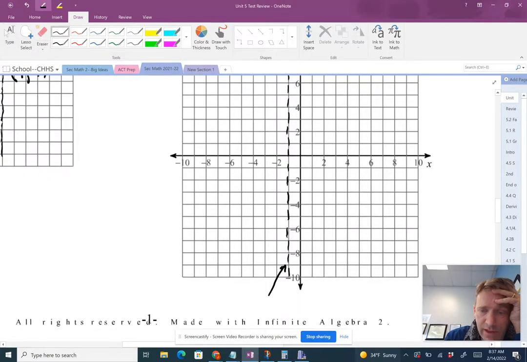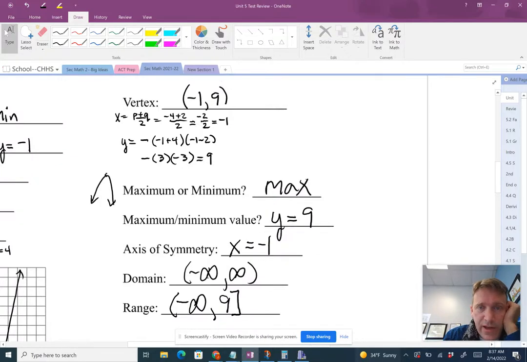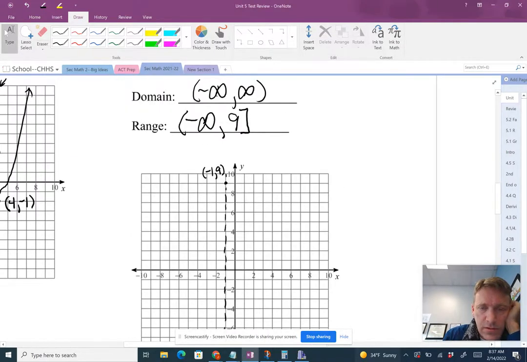I'm going to label that too. And our y-intercept is at (0, 8). So (0, 8) is right here. Let's label that as well. That's the point (0, 8). But because of the axis of symmetry, I can look over. It's 1 unit from the axis of symmetry. I go 1 unit over to the other side, and there's another point there.